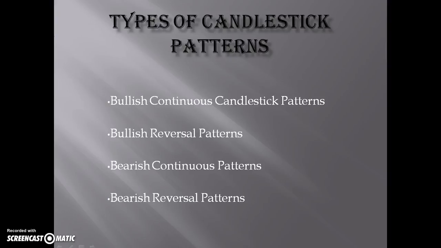So it's best to also take a trade in that same direction. A bearish reversal pattern indicates that an existing upward trend is going to pause or stop, and a downward trend is about to begin. So that is what it all implies.